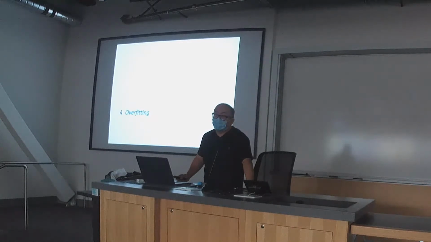Because what is a machine learning model? We want to train a model to fit the data as well as possible. So what does it mean for overfitting? If your data is perfect, meaning you don't have any extra noise, that's fine. Overfitting is nothing bad.